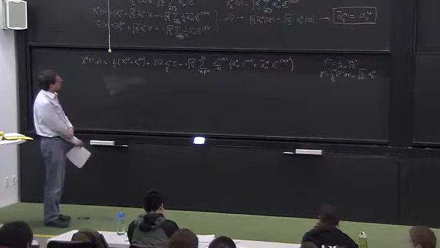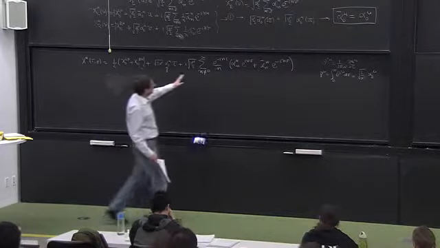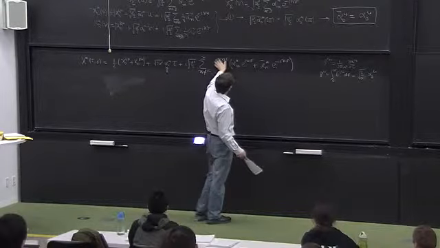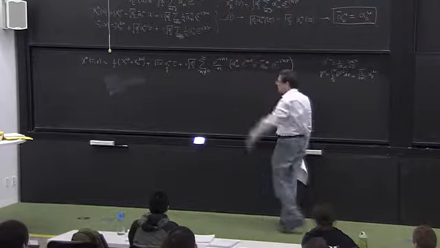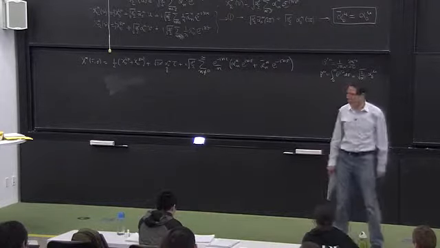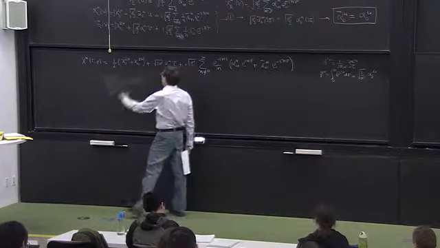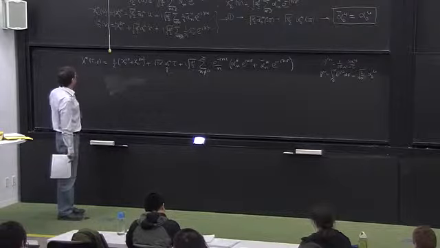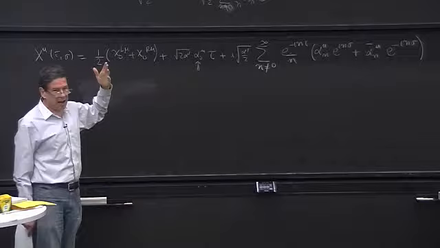You look at that string coordinate and you say a few things. First, lovely, you see those waves that are moving to the right here, and those waves that are moving to the left. Alpha and alpha bar double the set of oscillators of the open string. Alpha 0 has been reduced, and suddenly these two zero modes, the only thing that appears in the dynamical variable of the theory is the average.